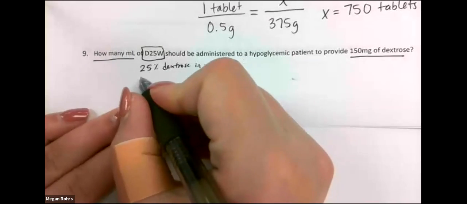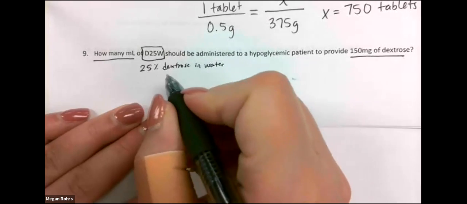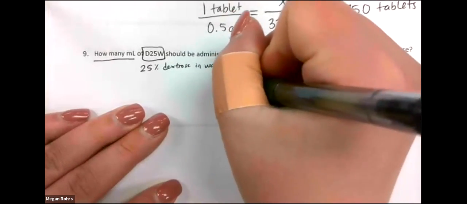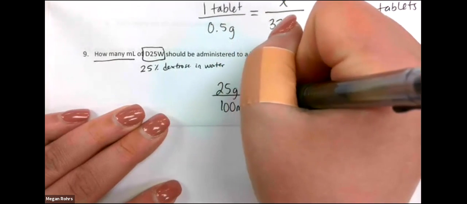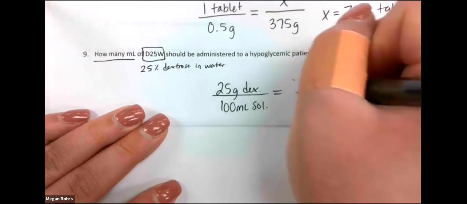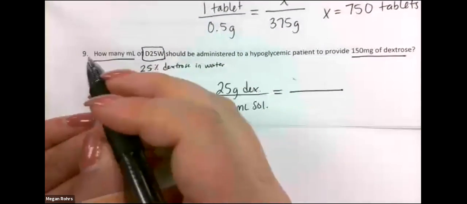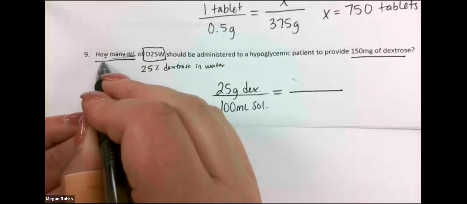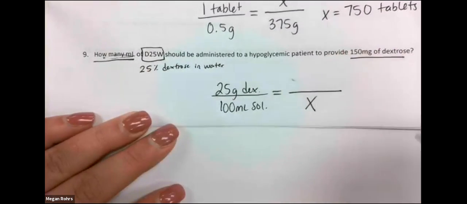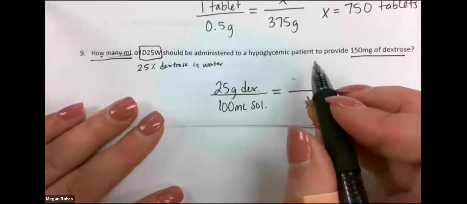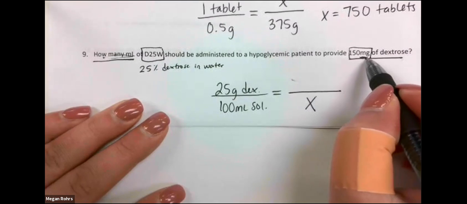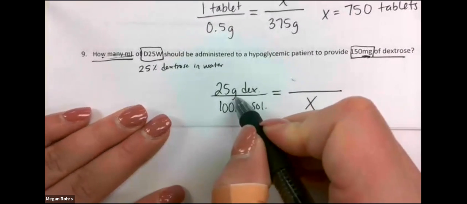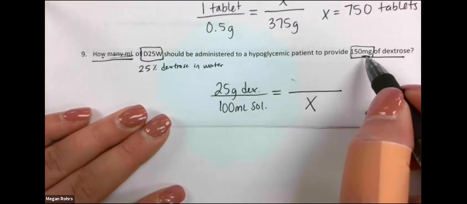What that means, 25%, we always can write a percent over 100. 25 grams of dextrose in every 100 mils of solution. Now this time we're looking for how many mils. So my x is going to go on the bottom, and we're needing to provide 150 milligrams of dextrose. Well, I can see that this is in grams, this is in milligrams. So I'm going to need to convert one of these.